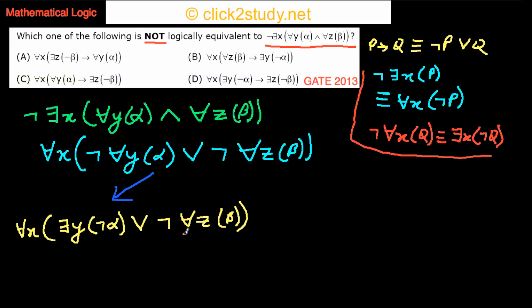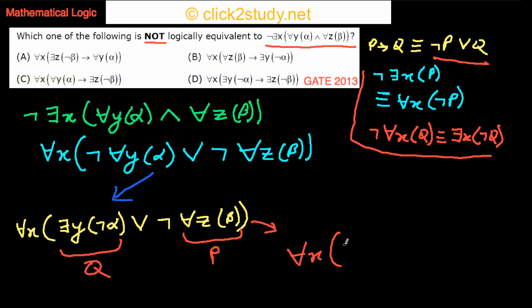Suppose this is your P, and think about this as if this is your Q. So this is not of P or Q, which means P implies Q. So this will basically become, there exists x, and this is P, so you can write for all values of z, beta, and this will imply this: there exists y and not of alpha.